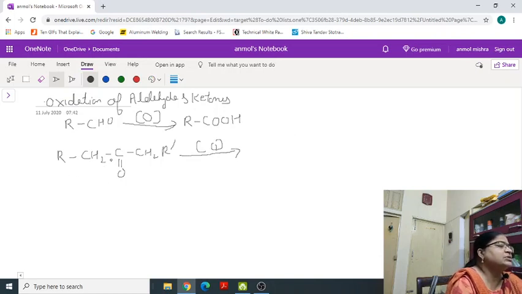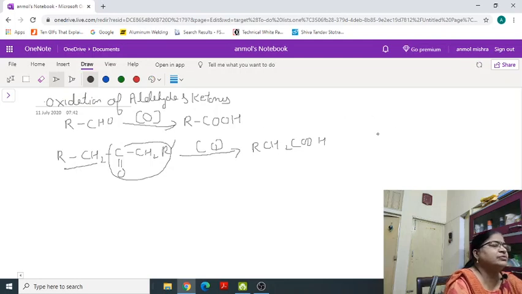If this group goes with this, then the compound formed will be RCH2COOH, and if it is this, it will be RCOOH. But generally this group goes with the COOH group.